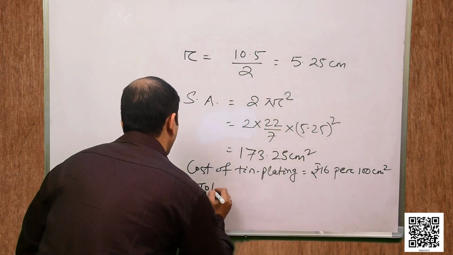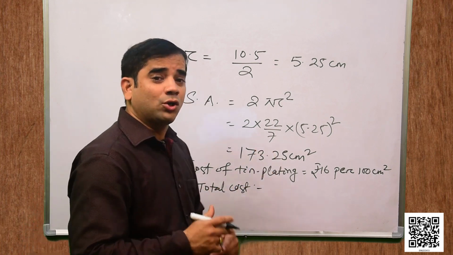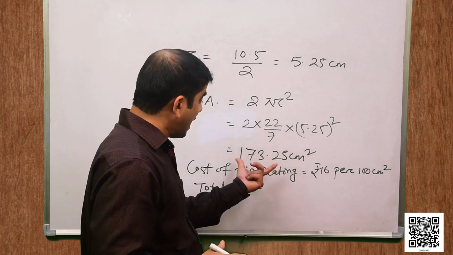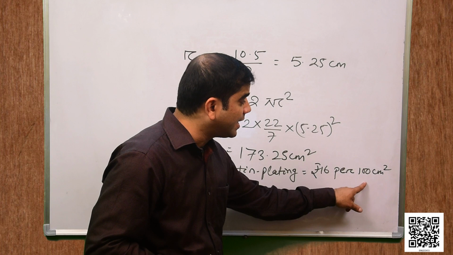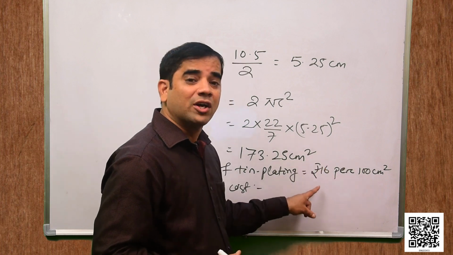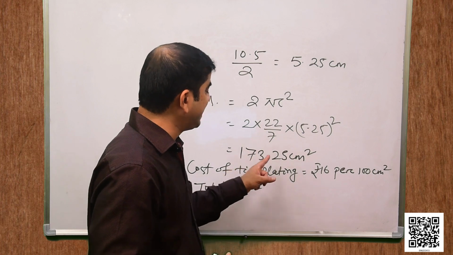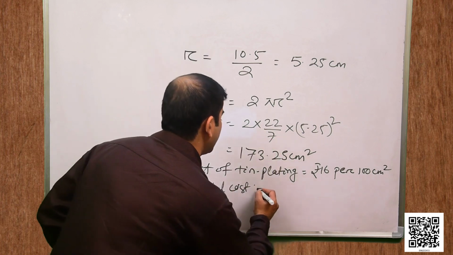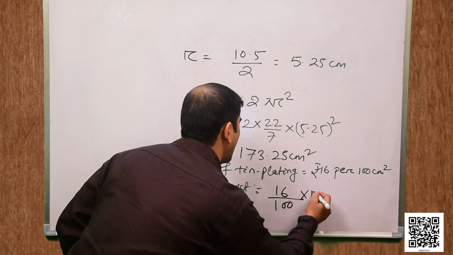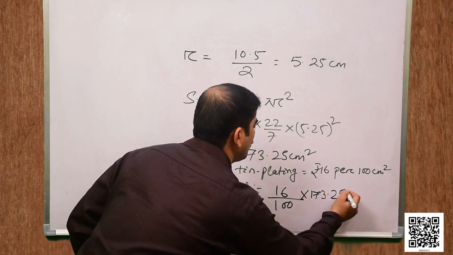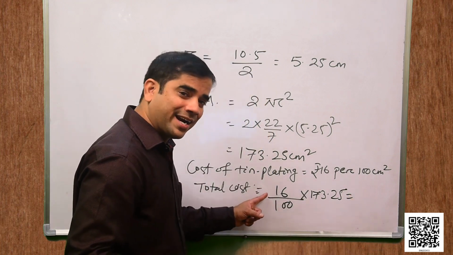So, we need to find the total cost, and we have the surface area 173.25 centimeter square. Per 100 centimeter square, the cost is rupees 16, isn't it? So, for 173.25 centimeter square, it will be 16 divided by 100 into 173.25.